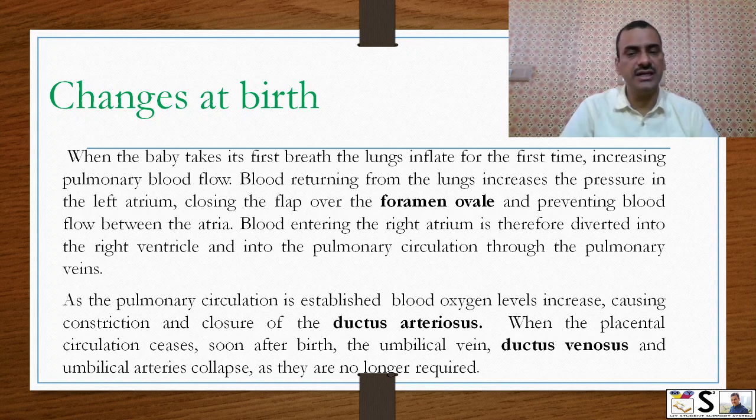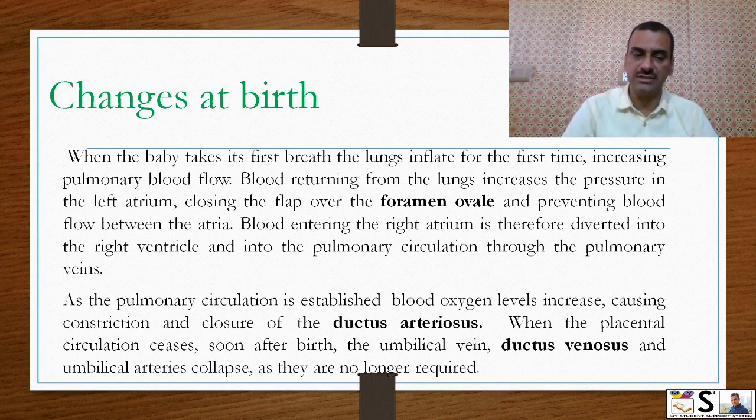Blood entering the right atrium is therefore diverted into the right ventricle and then into the pulmonary circulation. As the pulmonary circulation is established, blood oxygen level increases, causing constriction and closure of the ductus arteriosus.